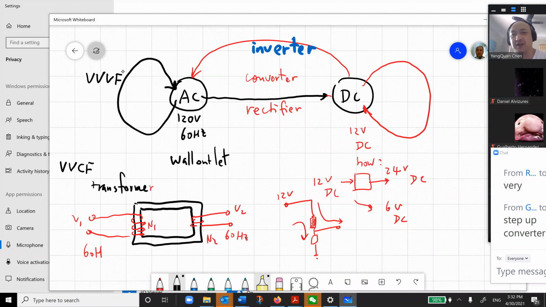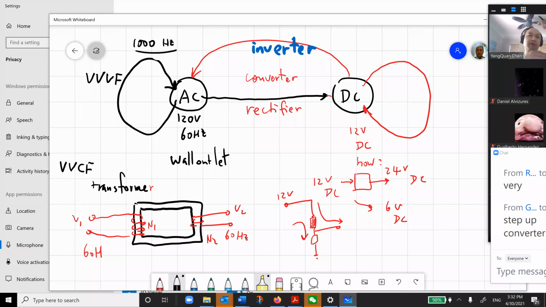I need something like 100 Hertz, or say a 1000 Hertz power supply. That's sometimes useful, for example, in using AC current at high frequency to heat up some metal and melt it. So you need a power supply with very high frequency and with high power.